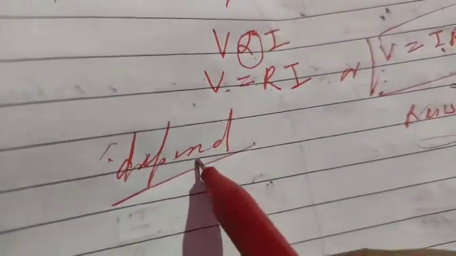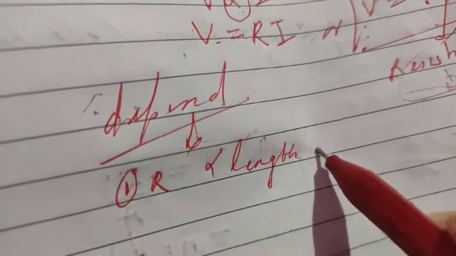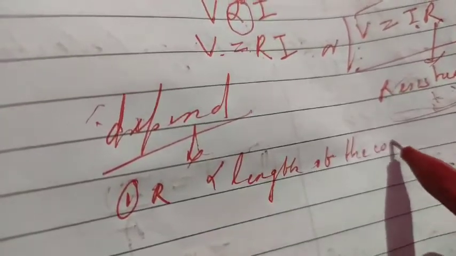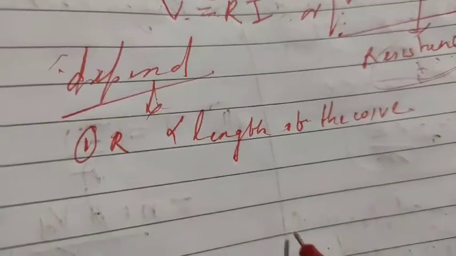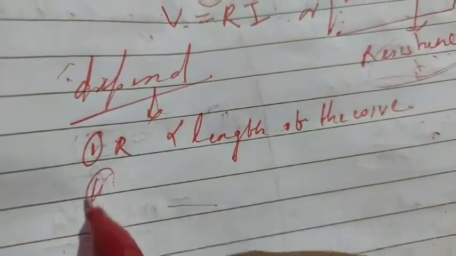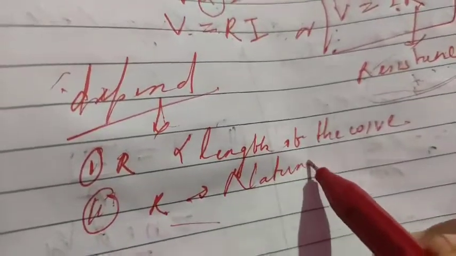First, resistance is directly proportional to the length of the wire. Directly means the more the length, the more the resistance. Clear to you? Second, student, resistance also depends upon the nature of the material.